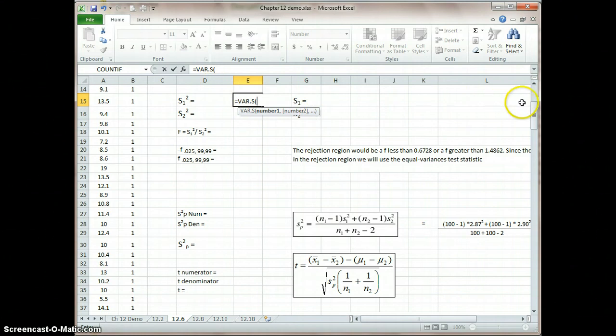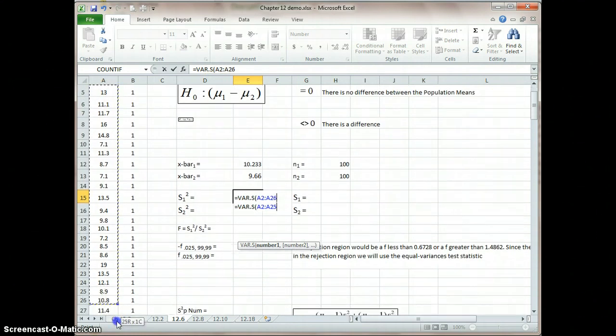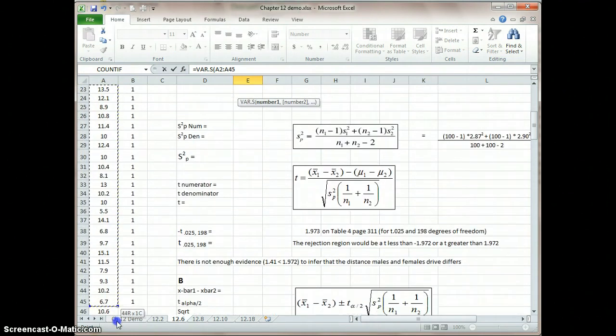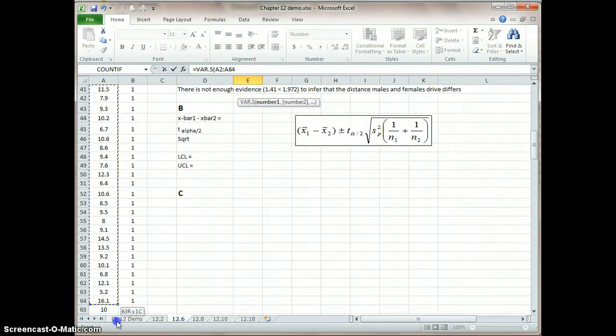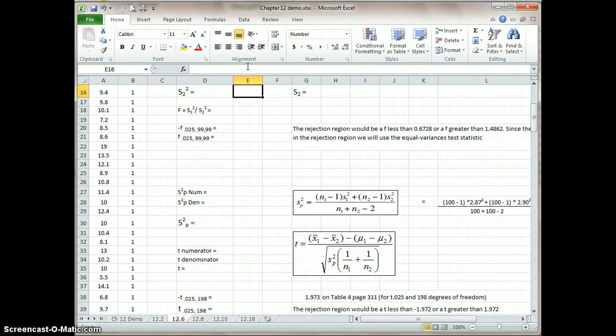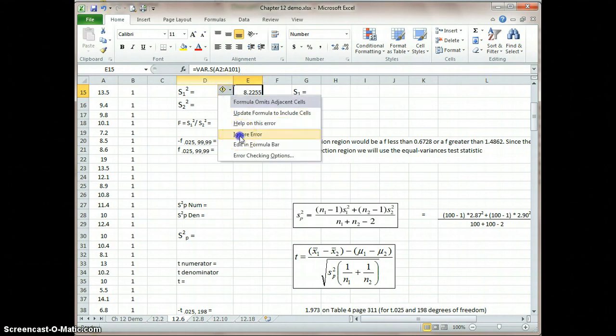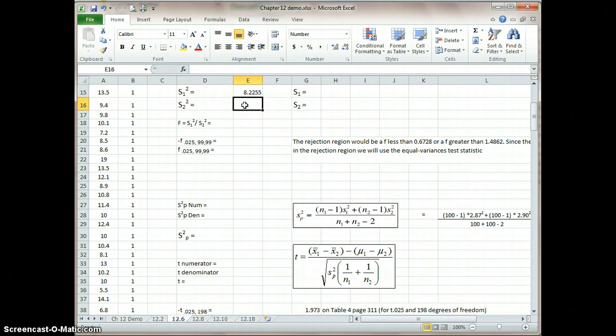Oh, I know what I did. I want the average in the A, not the B. Let's see, almost got it. All right, so we close this and we get 8.225, and for whatever reason it thinks there's an error, so we're just going to choose to ignore that.